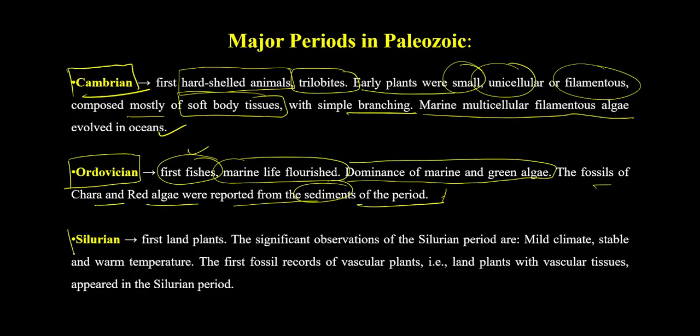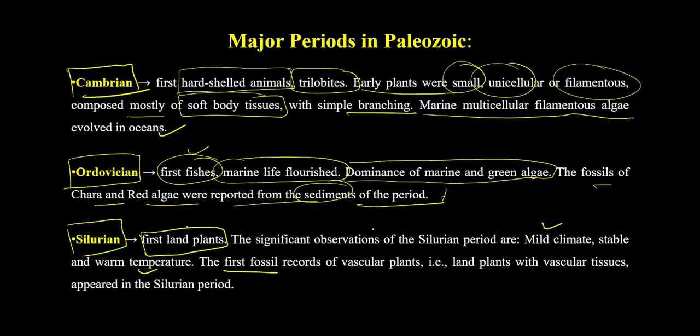Then the Silurian period, with the first land plants. Proper land plants appeared in this time period. Significant observations: a mild, stable, and warm climate.